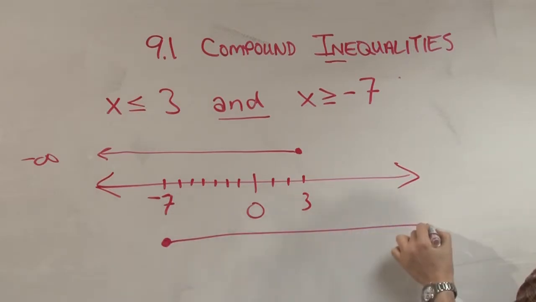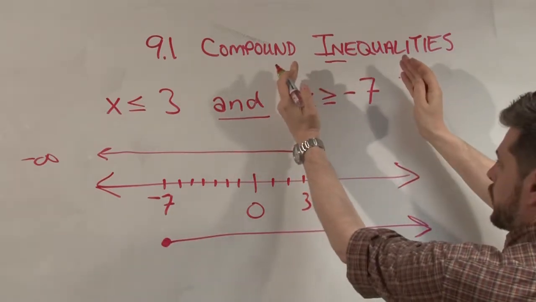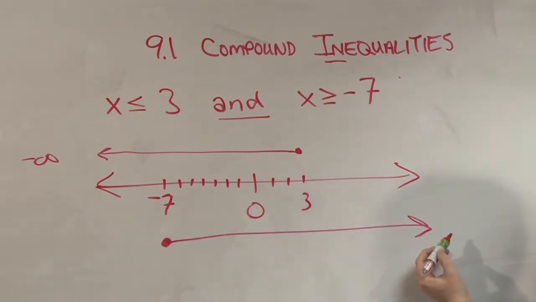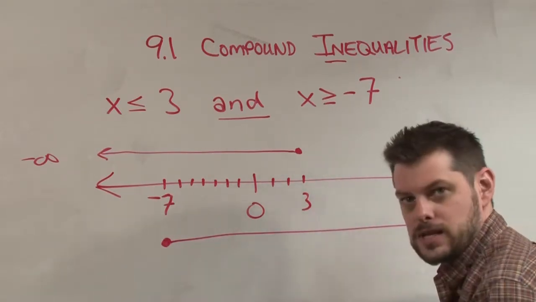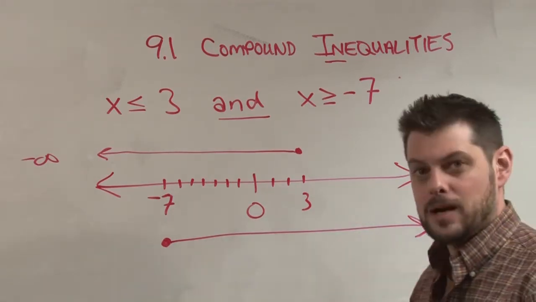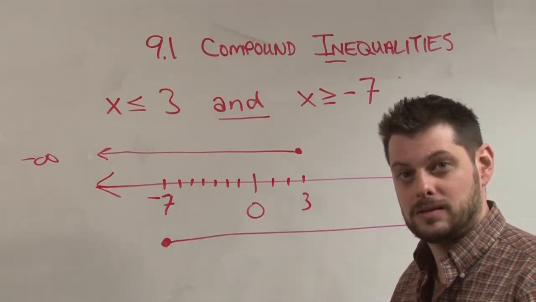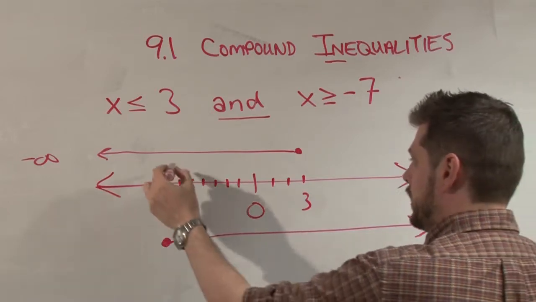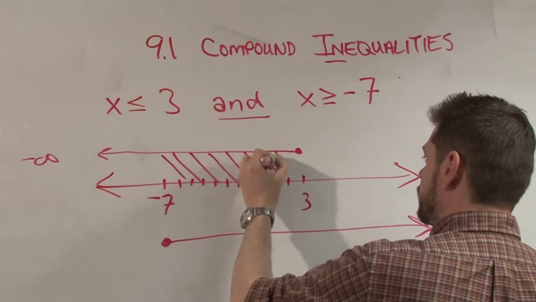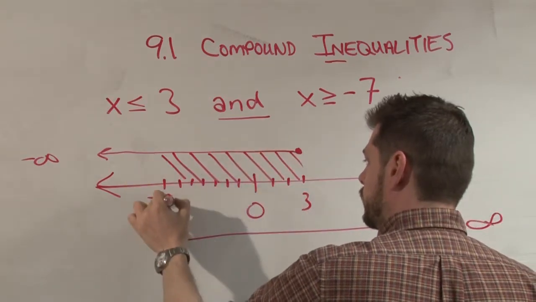If I was just looking at all the numbers that satisfy the second condition, I would have to include all the numbers that start from -7 and go all the way up to positive infinity. But the numbers that meet both requirements live inside here. They're all the numbers between -7 and 3.